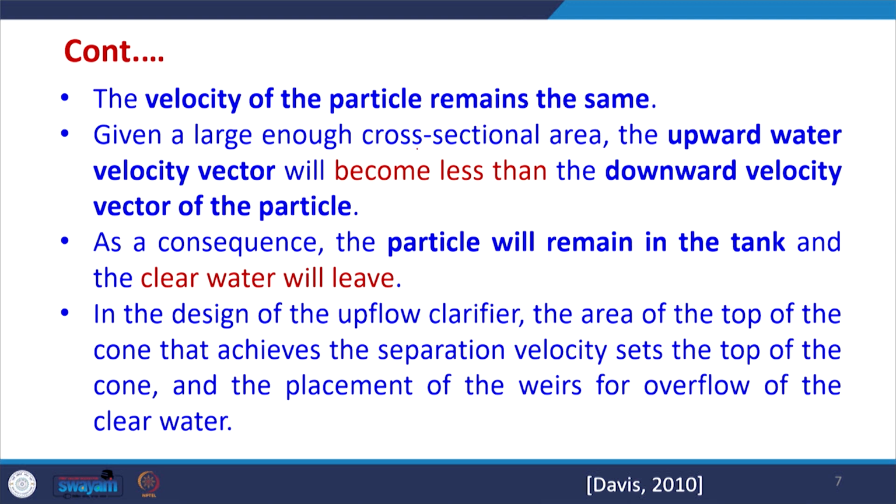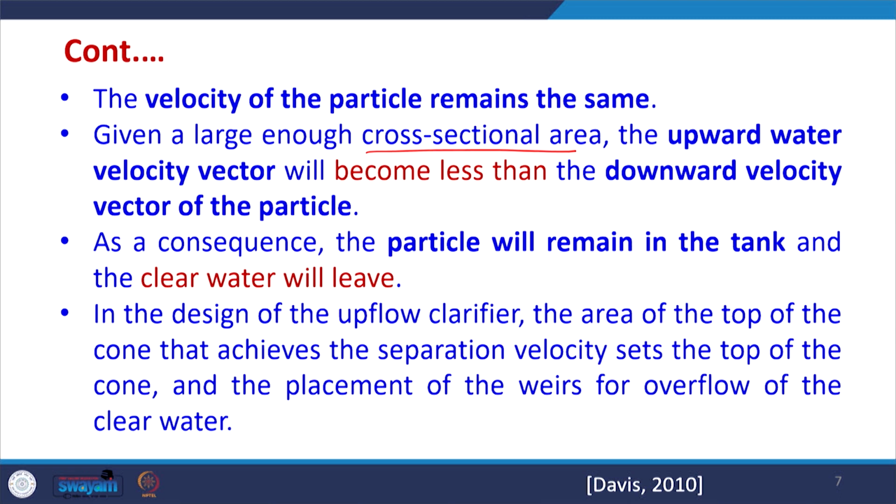Given a large enough cross sectional area, the upward water velocity will become less than the downward velocity of the particle. So, ultimately, because the area is increasing, the velocity of water will become less than the downward velocity of the particle. As a consequence, the particle will remain in the tank and the clear water will leave.